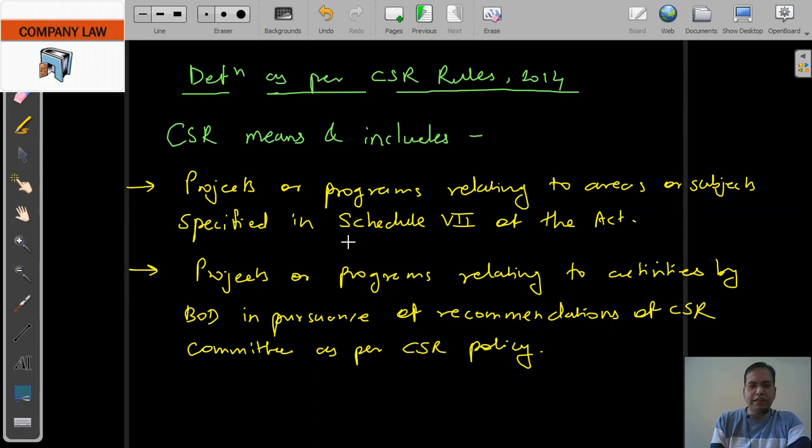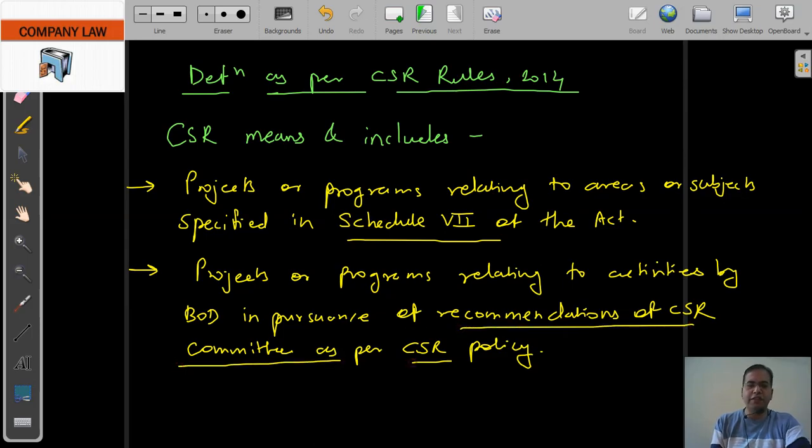So here you can see Schedule 7 is mentioned, and the projects or programs as decided or recommended by the CSR Committee as per the CSR Policy.